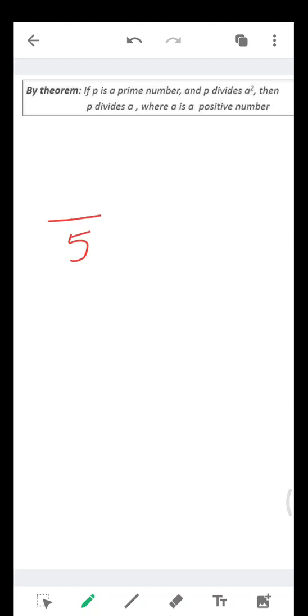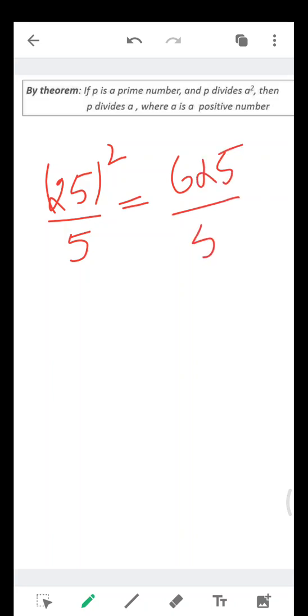Suppose 5 divides 25 square. 25 square is 625 and 5 divides it, isn't it? Then p divides a also.